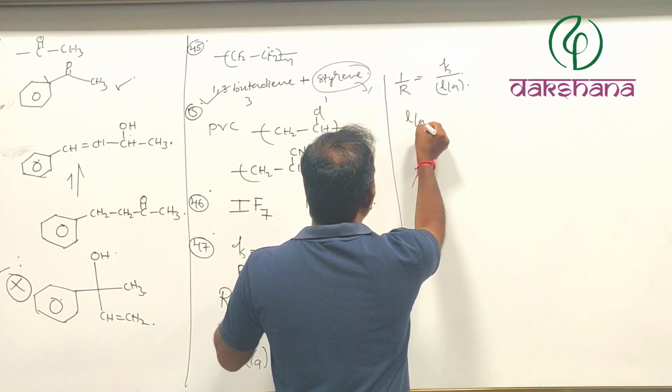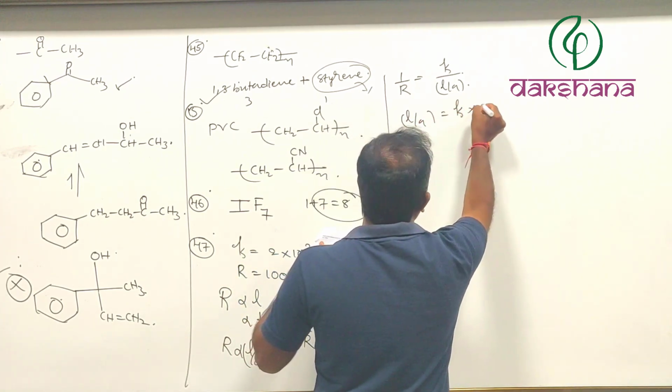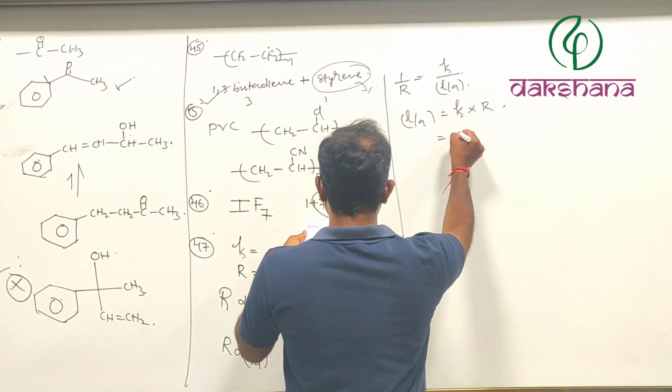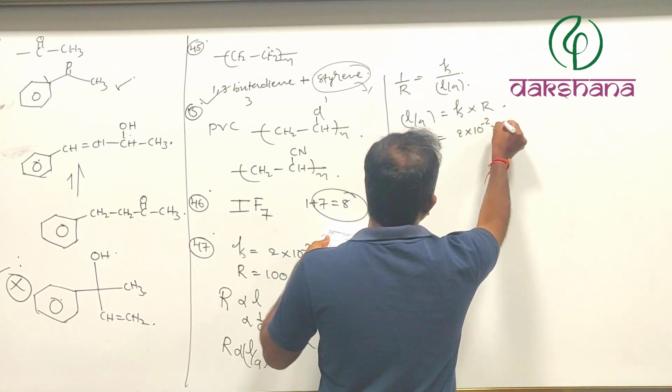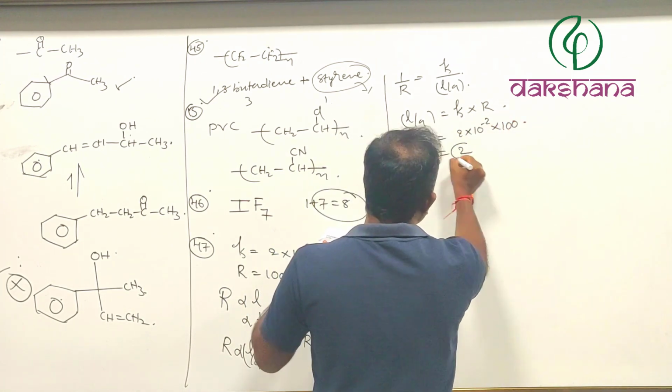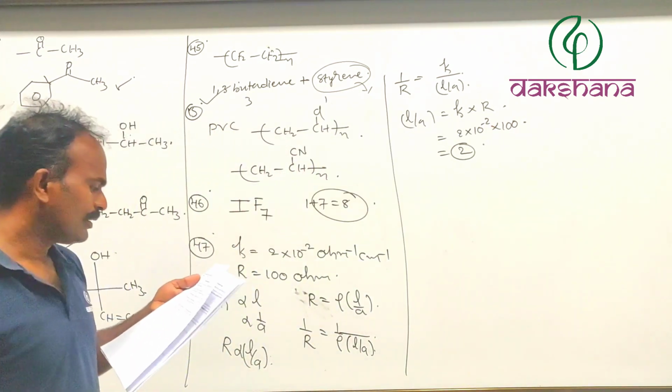Sorry, L by A is equal to K into R. K value is given as 2 into 10 power minus 2, resistance is given as 100. That is equal to 2.